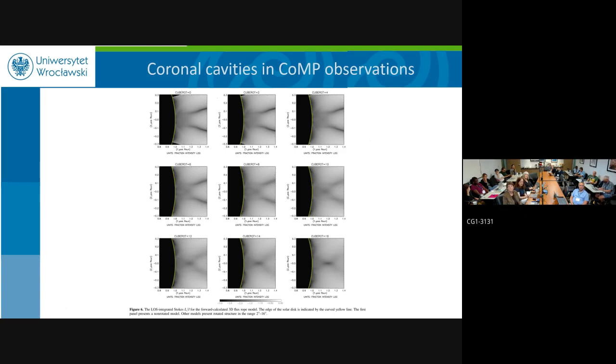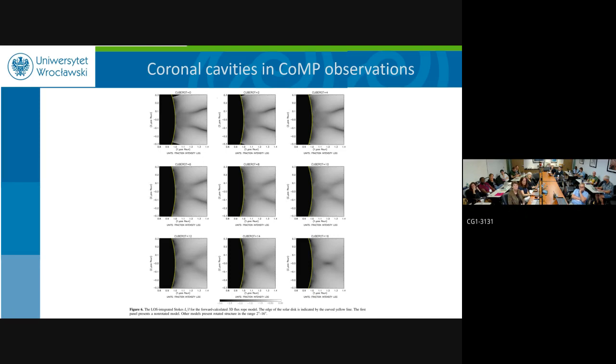At the top left, you can see the unrotated structure, so we can see our lagomorphic structure. And the last plot is the structure rotated by 15 degrees.